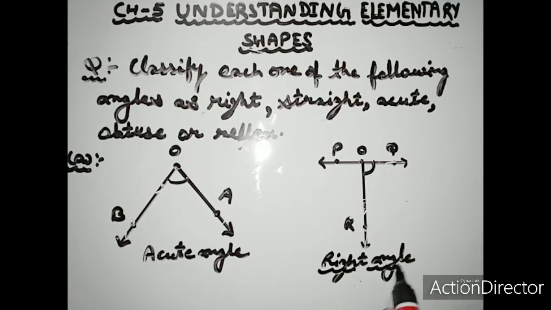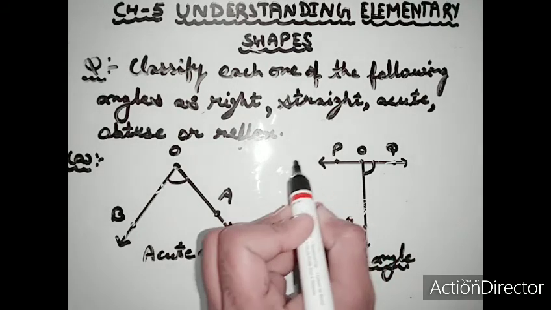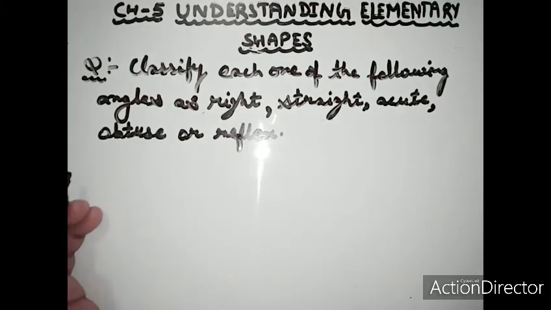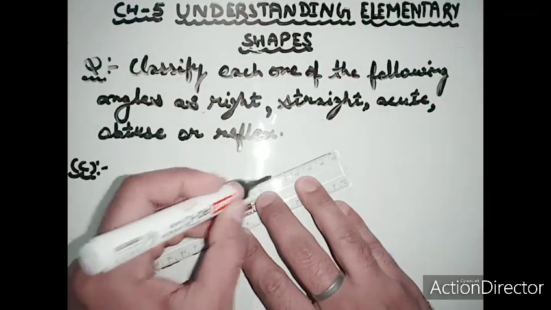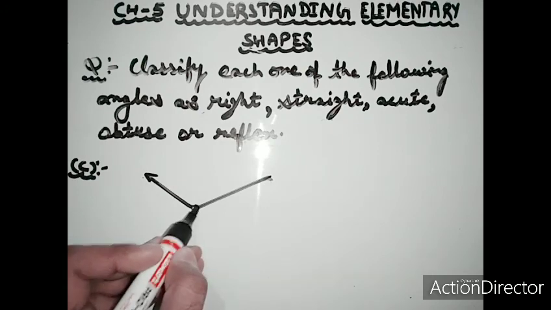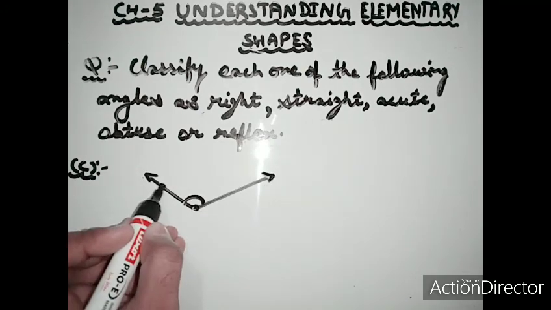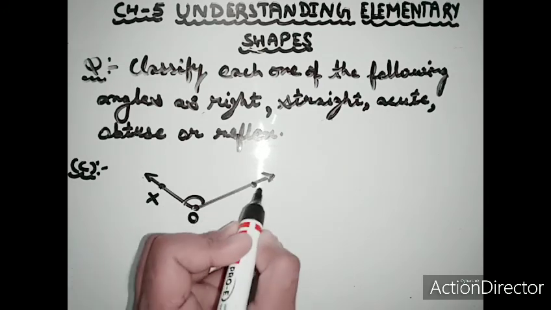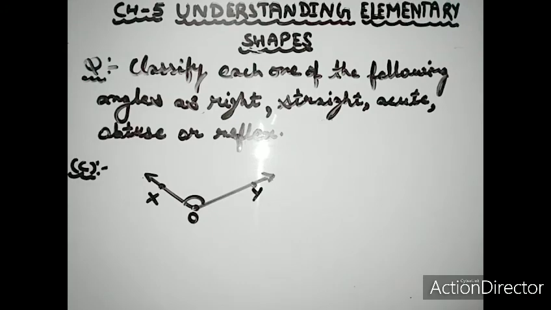Okay, now here we take one more example related to angles, and related to this question. So now here we take the C part of this question, and here we give the name of this angle as XOY, right?